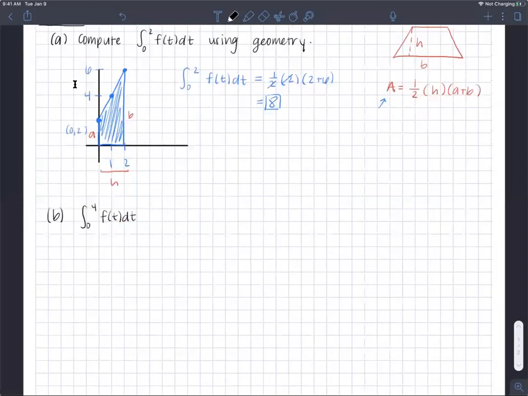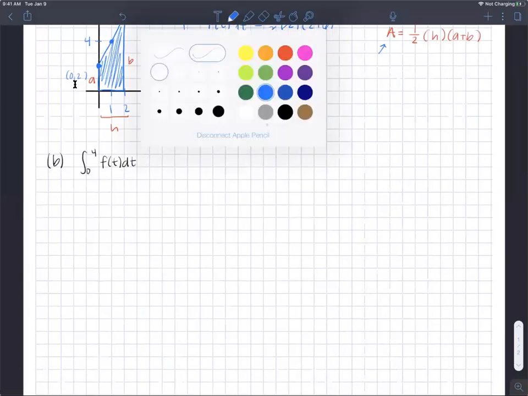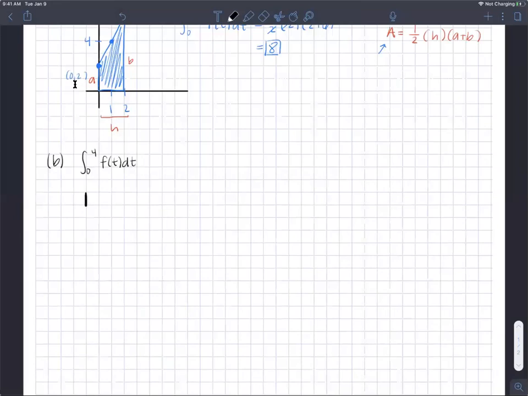And so here, we're going to have almost the exact same thing, except I need this to be taller, because I have the point 4 comma 10, and so I'm going to need my y-axis to be pretty tall. And my x-axis doesn't need to be that long.